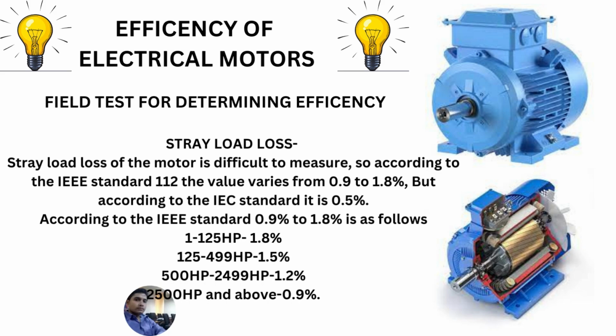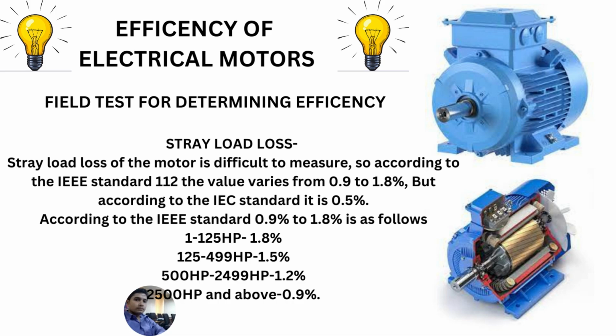Stray losses, as I said, according to the IEC standard, is 0.5%, but according to the IEEE standard, it is 0.9 to 1.8%. It is considered as such because it is very difficult to measure.